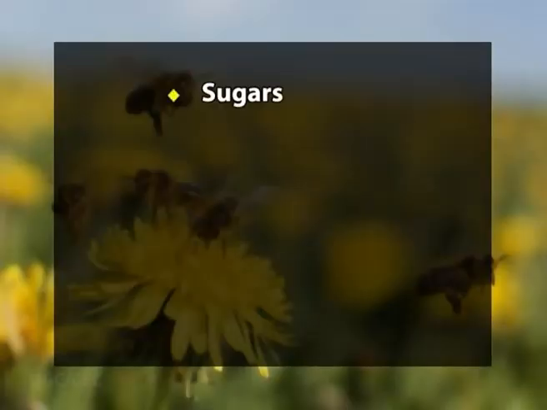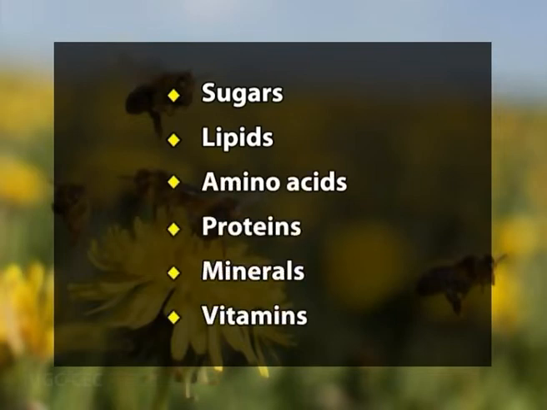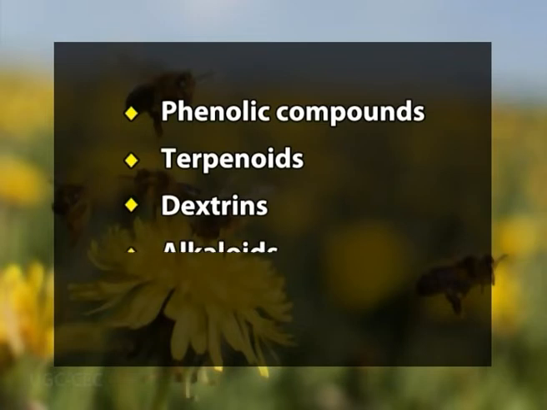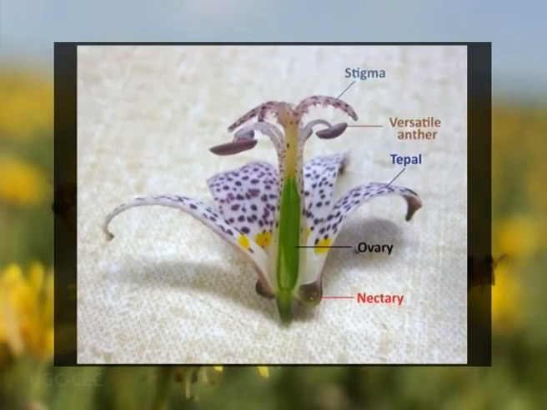These compounds include sugars, lipids, amino acids, proteins, minerals, vitamins, phenolic compounds, terpenoids, dextrins, alkaloids, and also some organic acids. The secretion of nectar is a complex physiological process of special glands called nectaries.